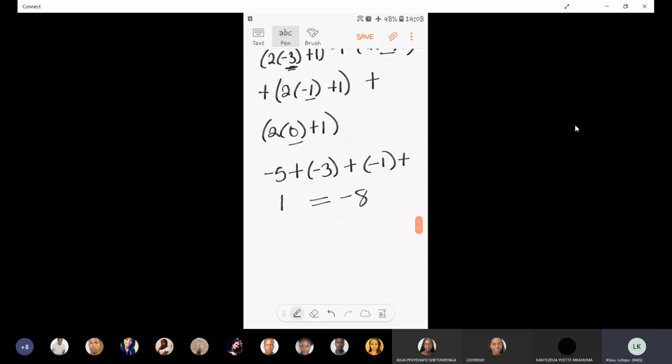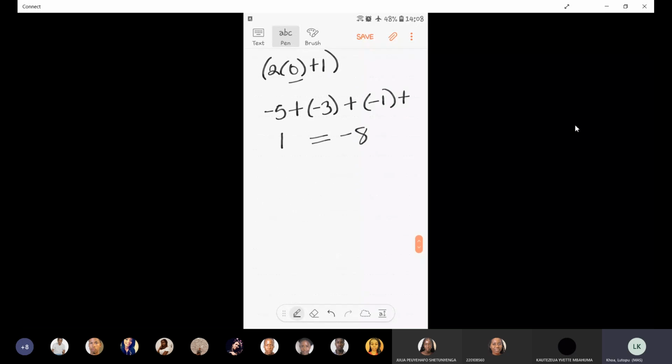Okay, so we can look at another one. Let's say we have k is equal to 0, then you go to 3, and here we have 2 to the power of k over k plus 1.